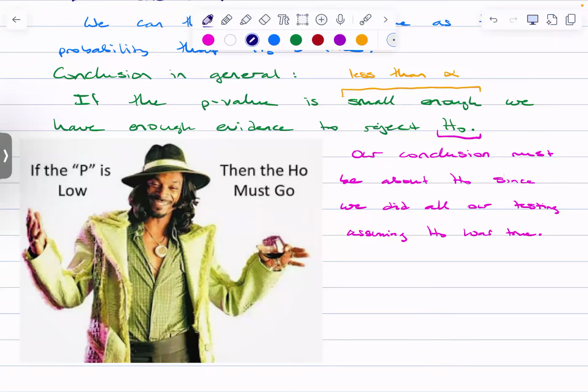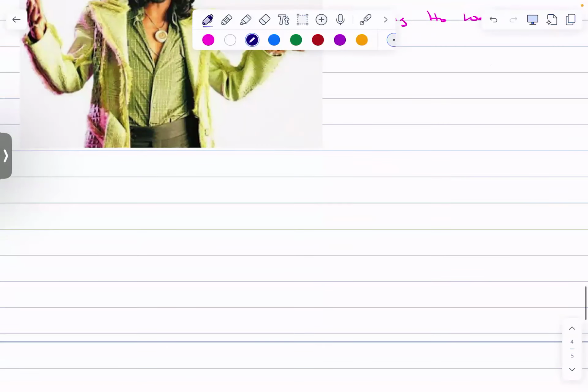So our conclusion, like I said, has 3 parts. You're going to compare the p-value to the alpha level. It either is less than the alpha level or it is not less than the alpha level. Those are your only 2 options. I don't want you to throw in a greater than or anything like that because it messes with the symmetry, and it can get confusing.